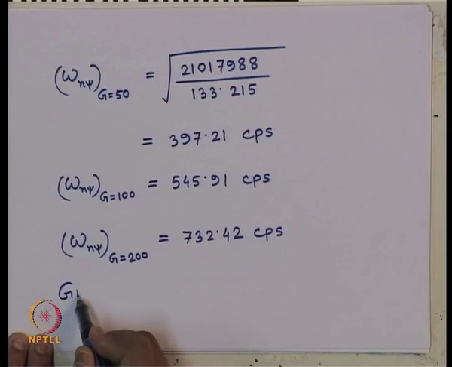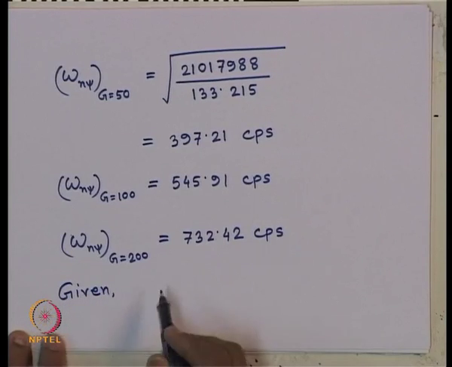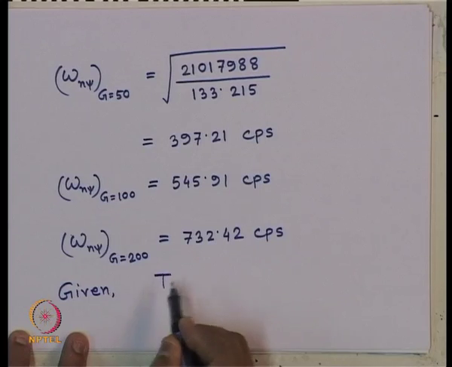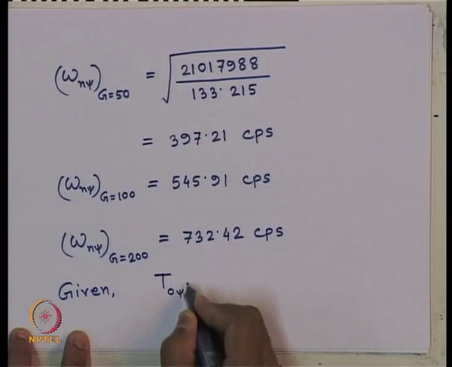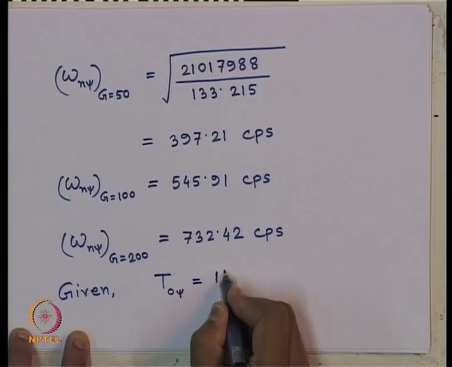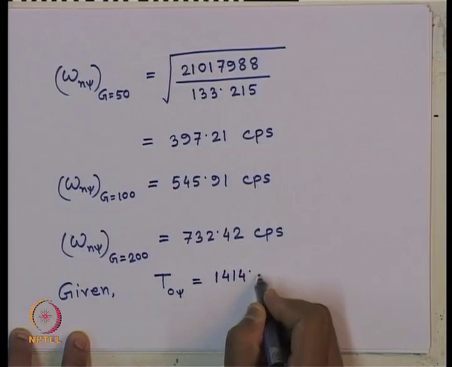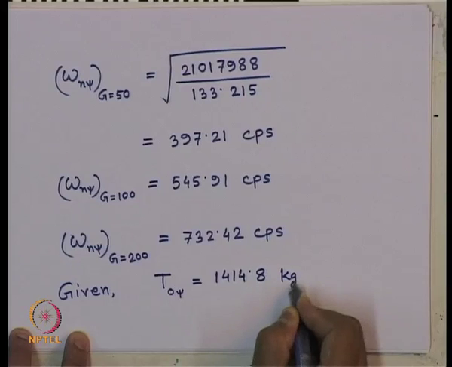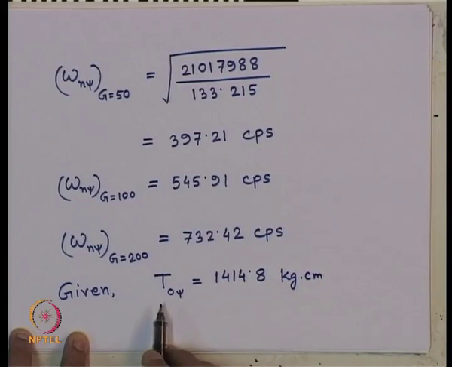And what are the values given to us? Given that T naught psi is 1414.8 kg force centimeter, of course, the amplitude of moment externally applied.